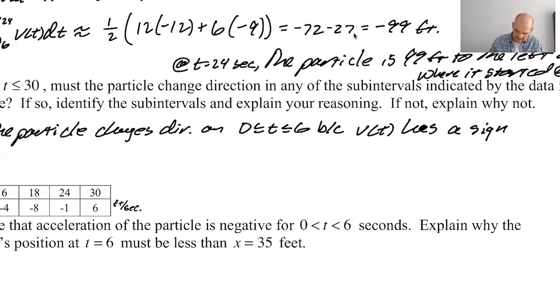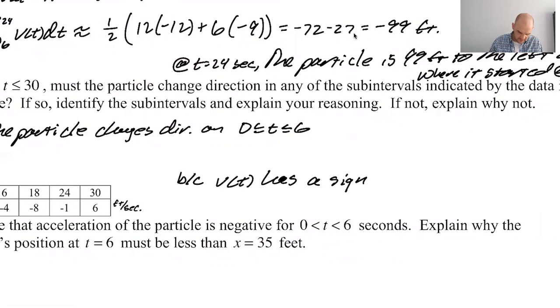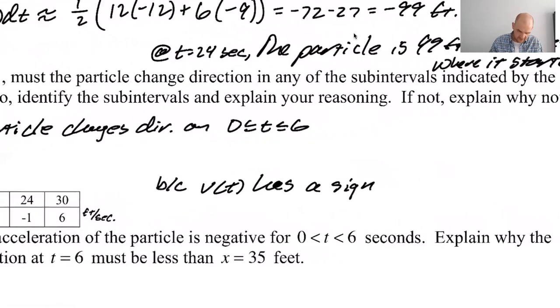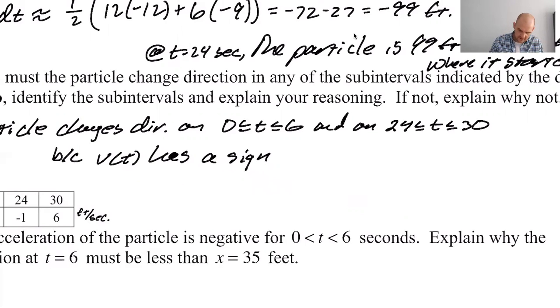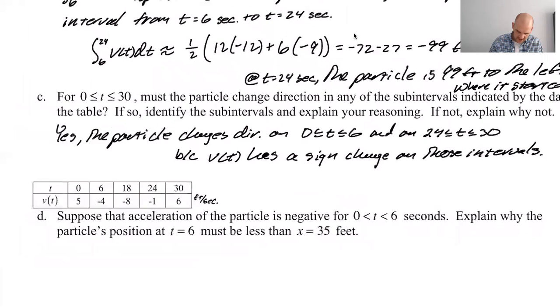So let's save the because, and then we'll say all end on 24 to 30, 24 to 30, because v of t has a sign change on those intervals. So there are definitely 2 times that we change direction.